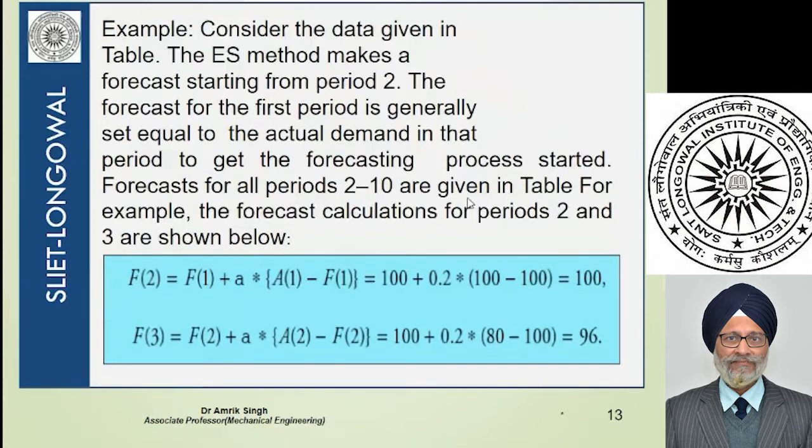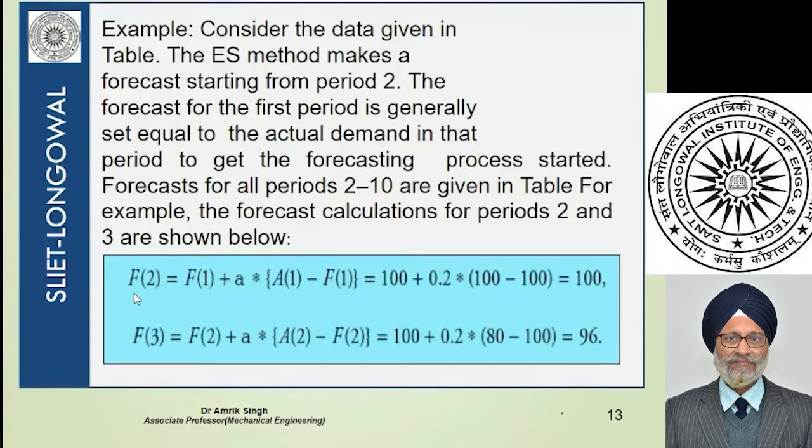If we see the example which we have taken earlier, that table, the ES method makes a forecast starting from period 2. The forecast for the first period is generally kept equal to the actual demand in that period in order to get the process started. The forecasts for all periods 2 to 10 are given in the table.